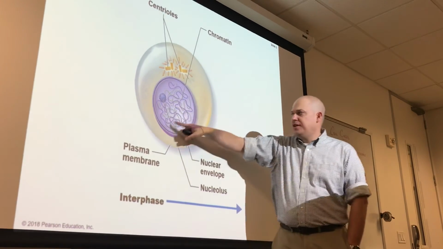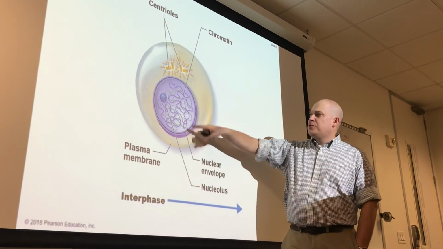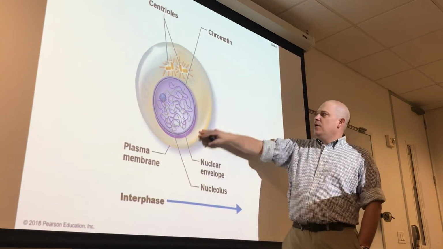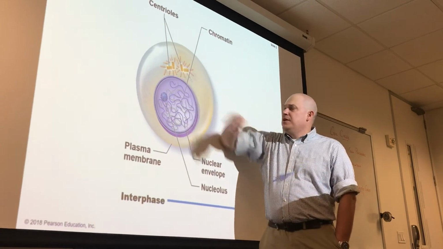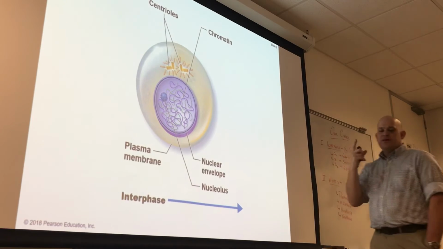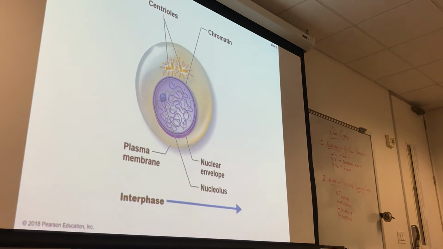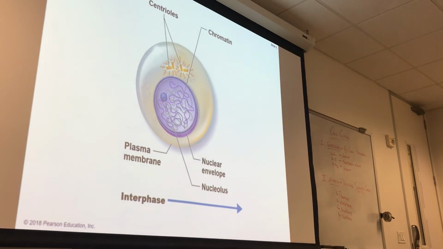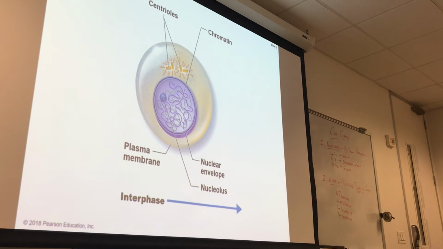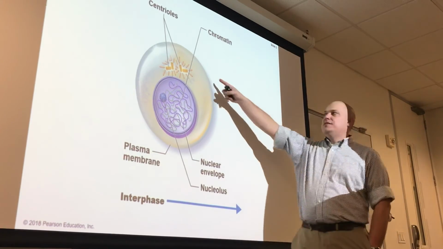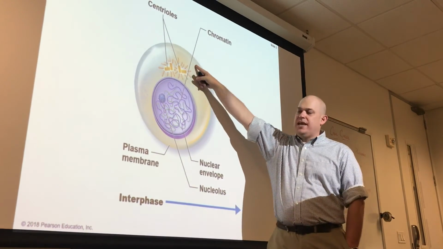It's got a nice nucleus, its chromatin, nuclear envelope, nucleolus, the cytoplasm, and in particular, there's one organelle that we talked about on Tuesday, whose job was to aid in mitosis, and that was the centriole. It's showing the centrioles because this organelle is about to start doing its job, which is to aid in mitosis.